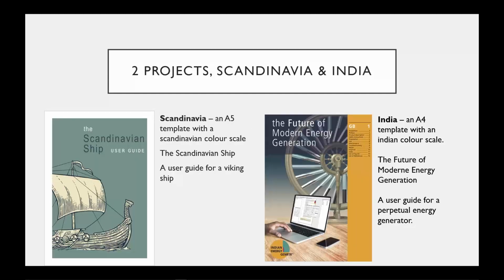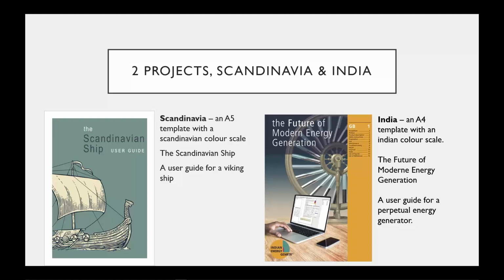So these are the projects. I have designed 2 templates for FrameMaker 2020. There's a Scandinavia template and an India template, and it comes in A5 and A4. I have worked around color scales because that's a primary thing for me. I wanted lots of colors.